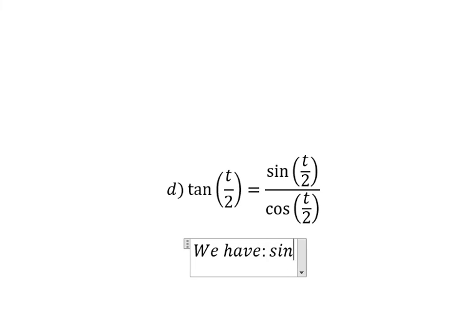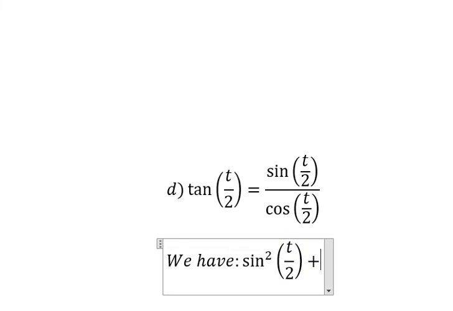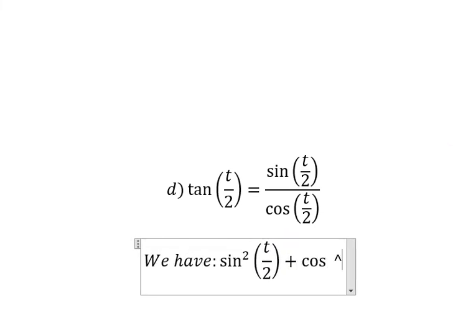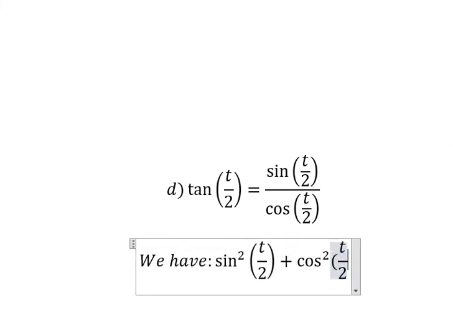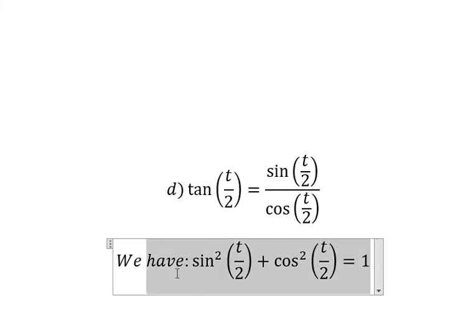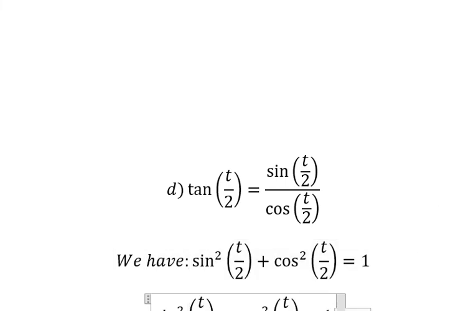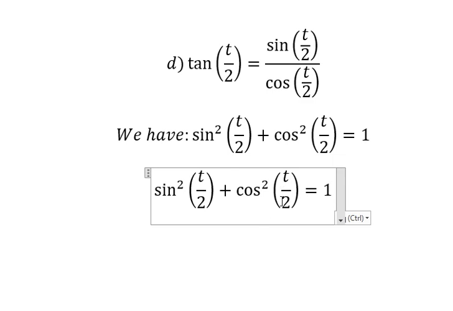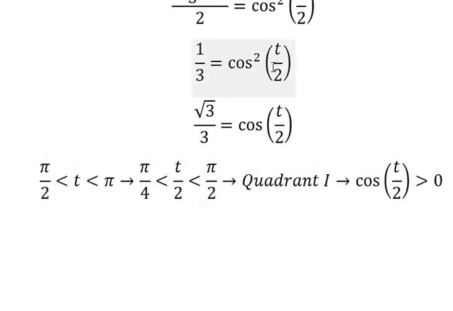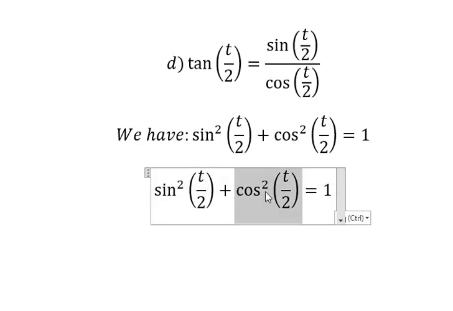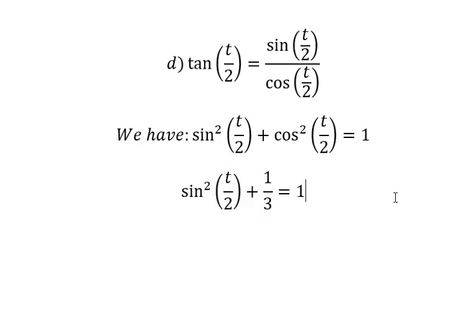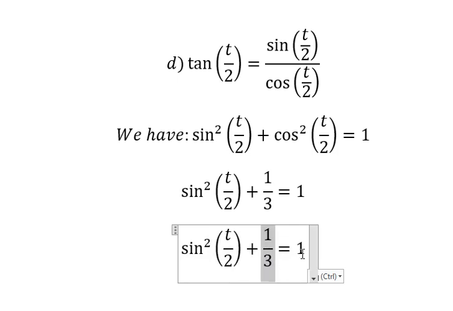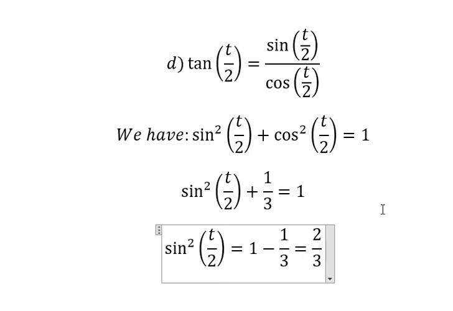That is sine of t over 2 to the power of 2 plus cosine of t over 2 to the power of 2. So we know cosine t over 2 squared in here is this one. So I will put 1 over 3 in here. And now I will put this one to the right. And we have 2 over 3.